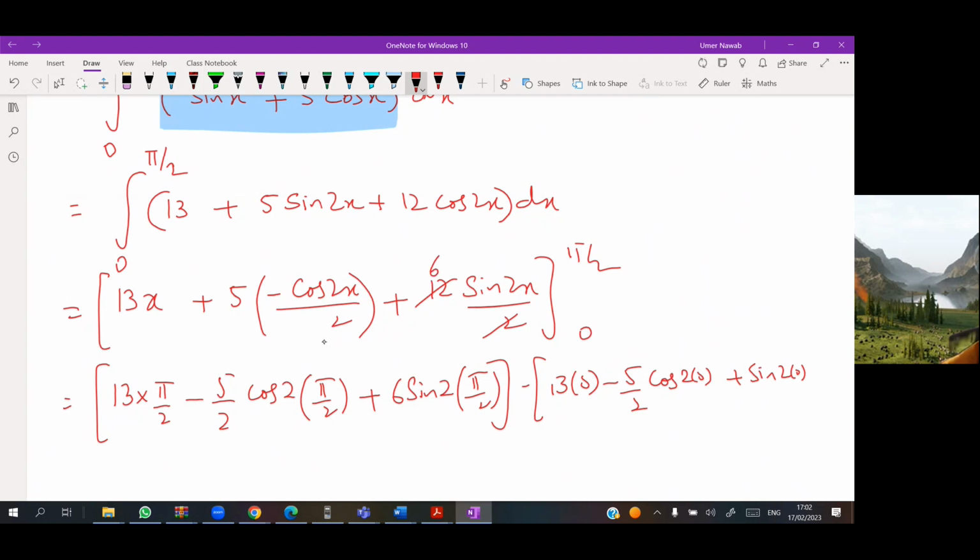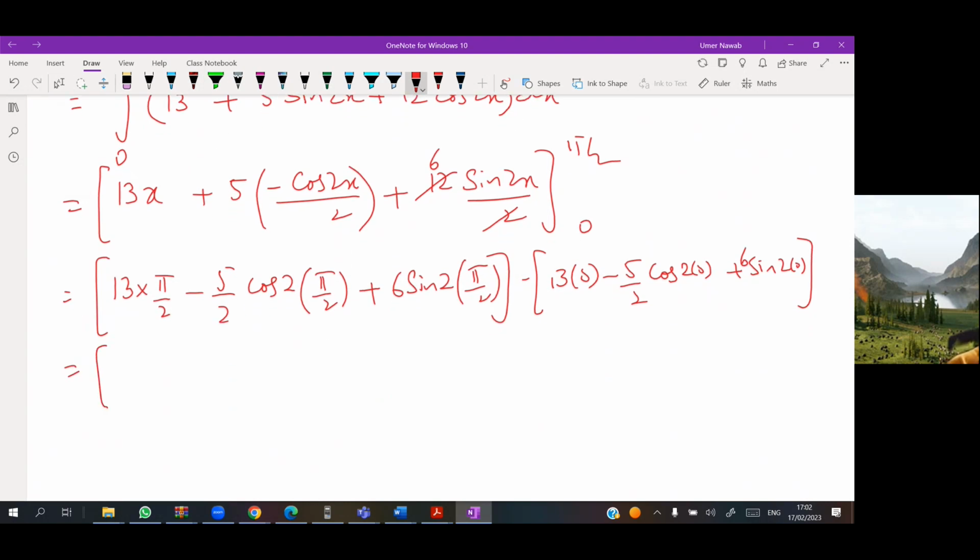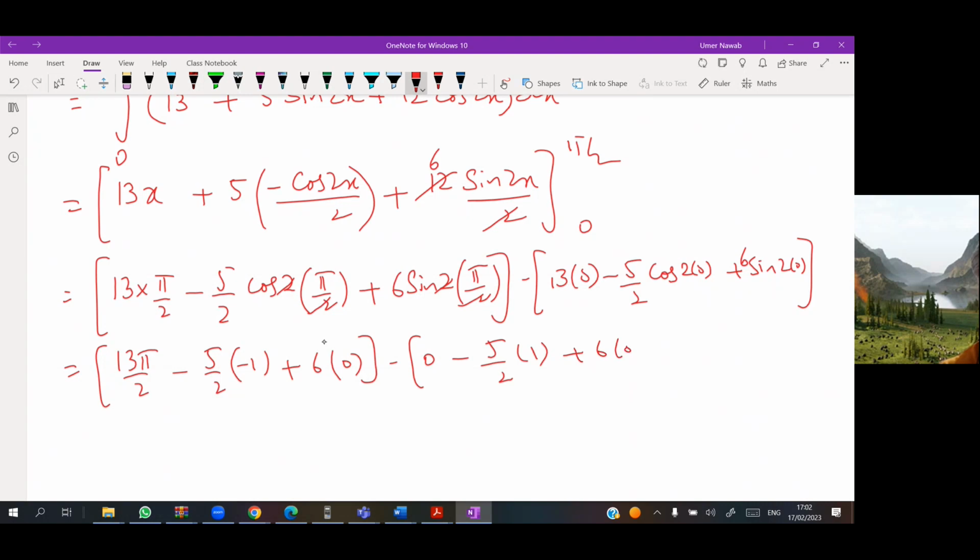This is 6. Pi over 2. Cosine of pi is minus 1. 2 cancels. 6 sine of pi is 0. 13 times 0 is 0. Cosine of 0 is 1. And sine 0 is 0.